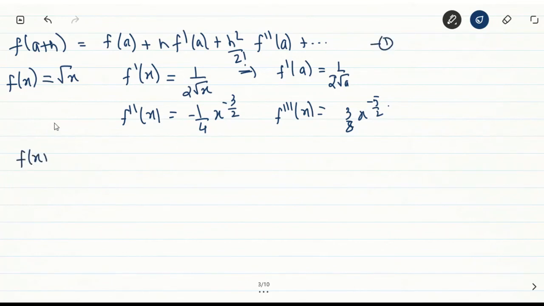Now substituting these values in equation number 1, we get f of a plus h, which is equal to under root of 25.15.